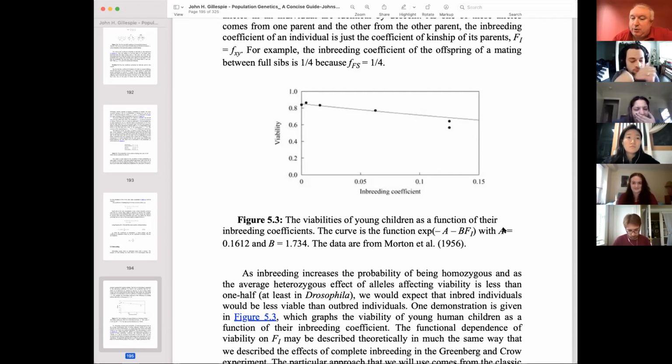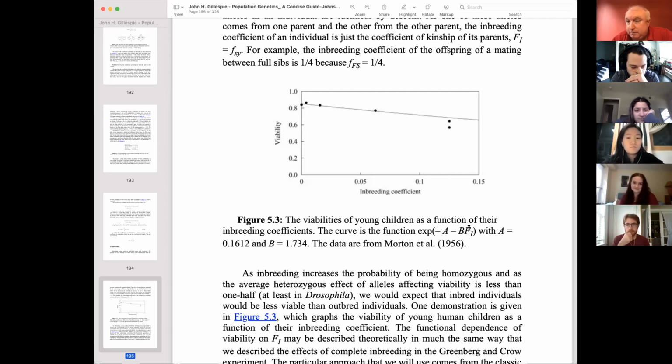And when we fit that curve, the A term turns out to be whatever that is, and the B term turns out to be 1.7. So this is just an empirical fit to how fast viability is falling off as a function of F, the inbreeding coefficient.